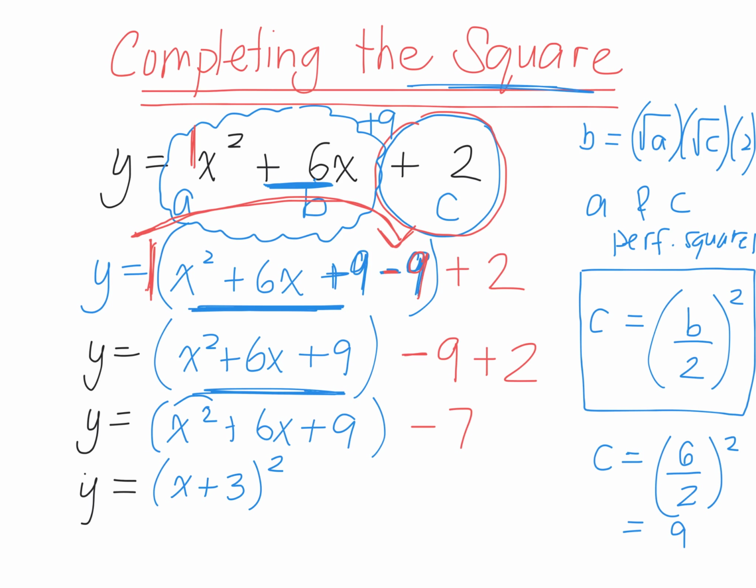I take the square root of the first term, x, square root of the last term, because this is a perfect square, 3. The middle term is positive, so it's plus. And we would write that twice, so I'm just putting it in short form. X plus 3 squared, take away 7. Where's the vertex? Negative 3, negative 7.